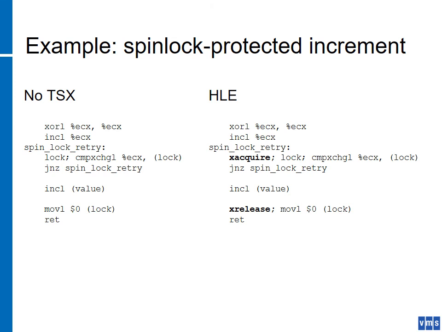And if somewhere between here and there, another CPU touches memory that is on this CPU's, I've modified this list, that's where it decides, I need to forget everything I've done so far, go back to this point, and now actually take out the lock and do everything the old-fashioned way. So that's how it works.